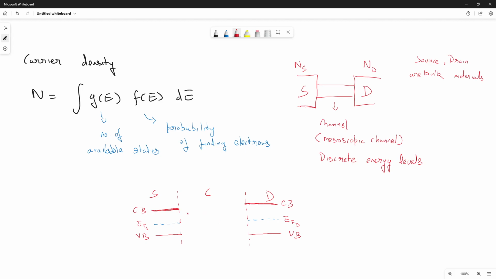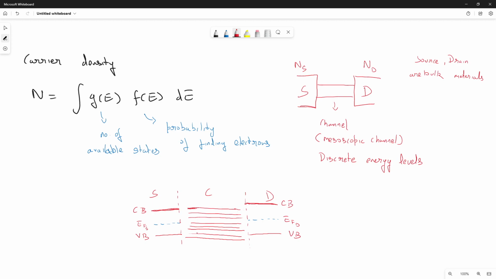Yes, sir. But here, that is no longer the case. Here, what I will have is a sequence of discrete energy levels. Let me make them as close as possible. I will have a set of energy levels that may have a minimum value, but there is no maximum value.